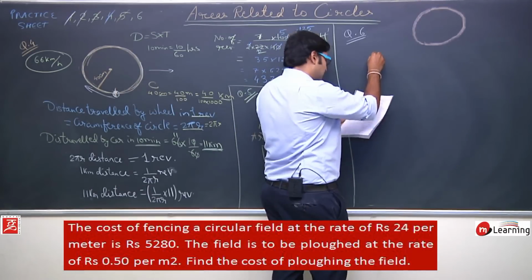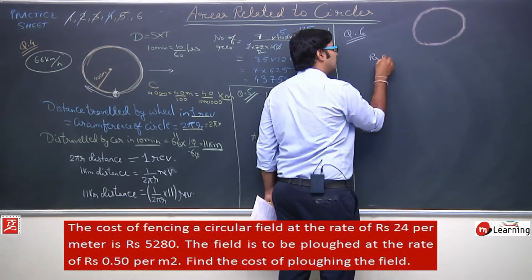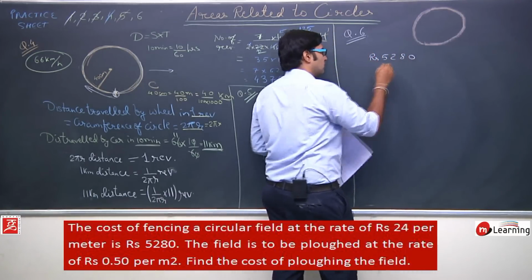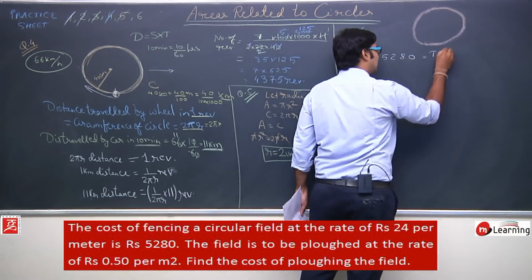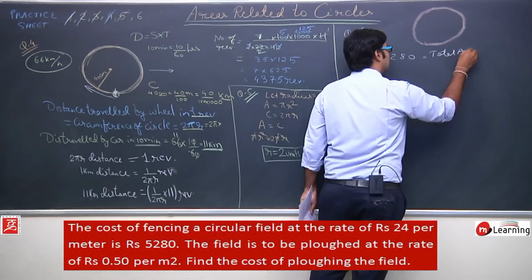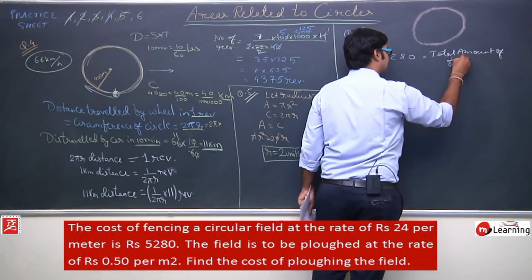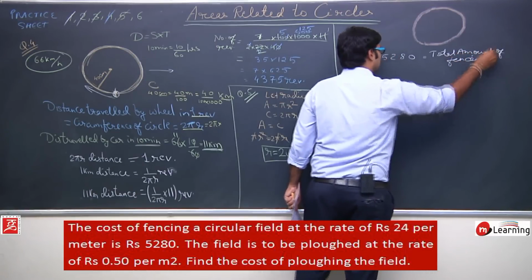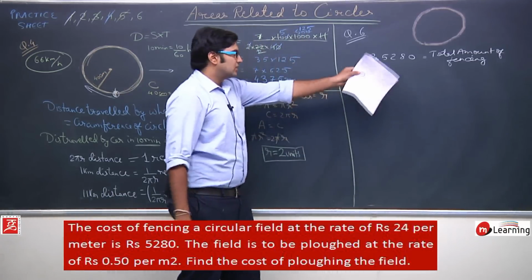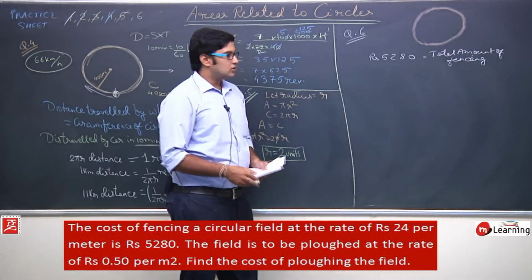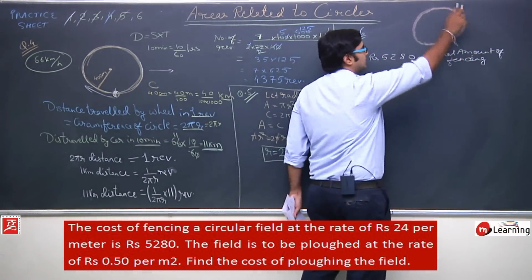I need rupees 5280, which is equal to the total amount of fencing. Okay, I have spent 5280 rupees to fence this complete figure.